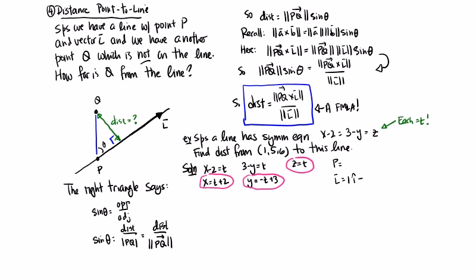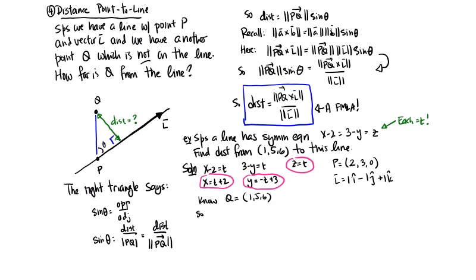So 1i minus 1j plus 1k. The P in this case is the point. That's the 2, 3, 0. So having this information lets us figure things out, right? We have our P, we have our L, we know Q. Q is our point, which is not on the line.